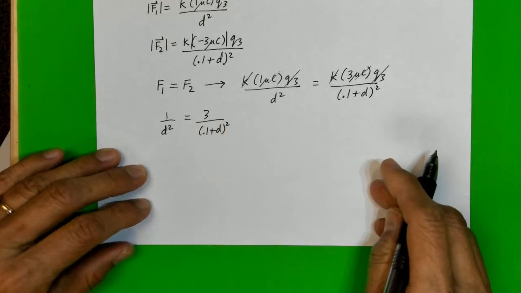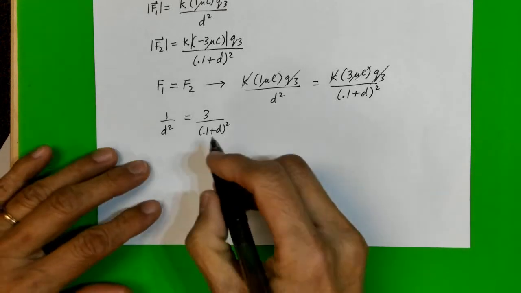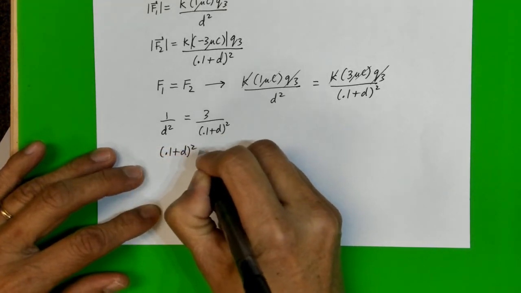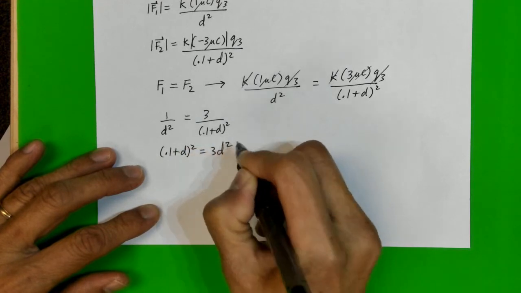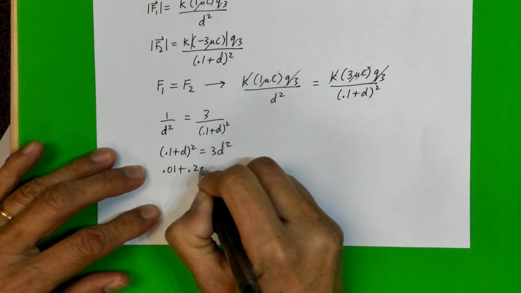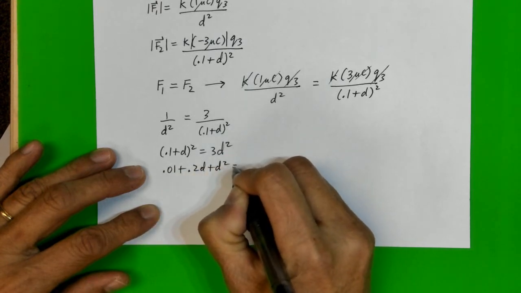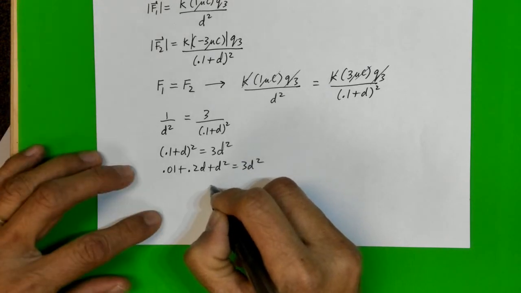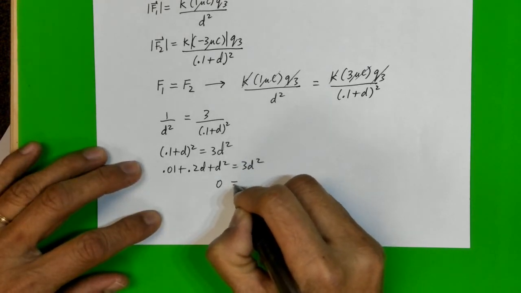And then you have to just solve this, so I'm going to cross multiply, so you're going to get 0.1 plus d squared equals 3d squared. Expand the right hand side, or expand the left hand side. And then I can see it's a quadratic, so I'm going to just simplify this.